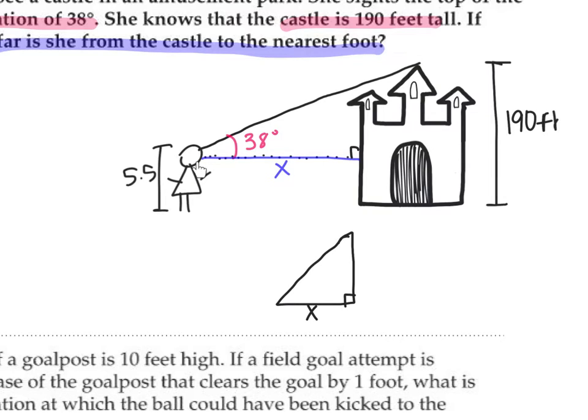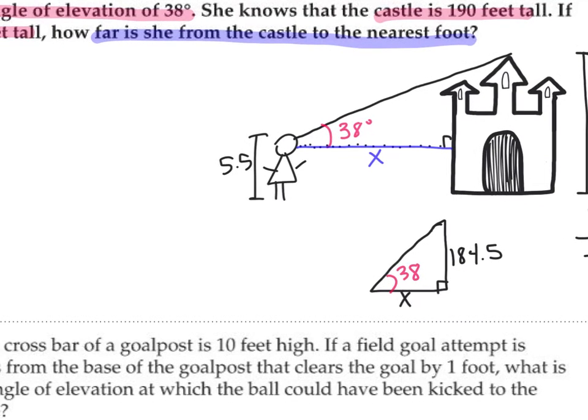So, if we're taking into account just the 38-degree angle of elevation, we need to subtract Leah's height from the castle height. So 190 minus 5.5 is equal to 184.5. That is the length created by that 38-degree angle of elevation.